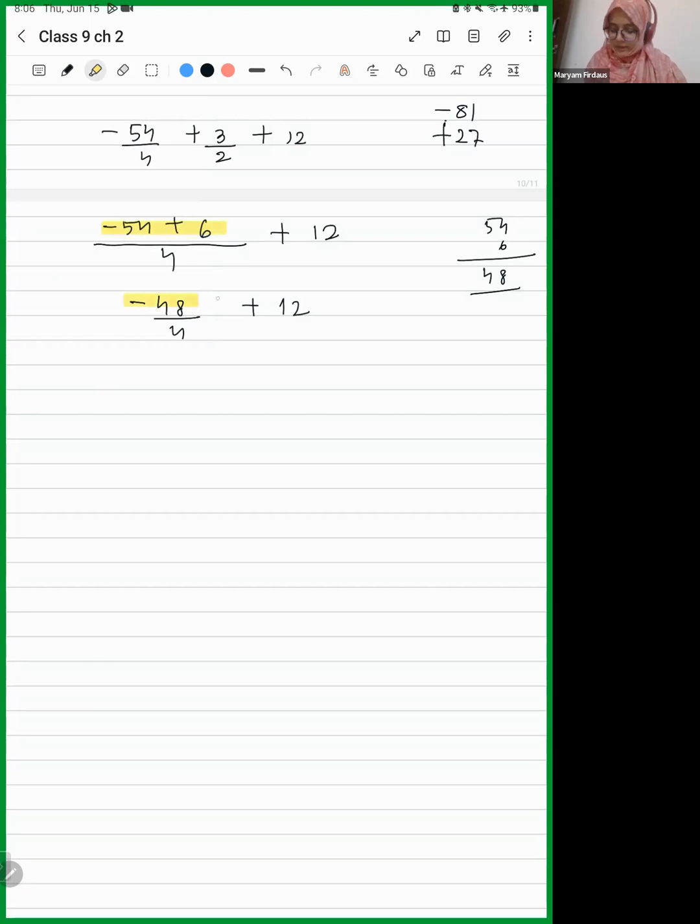Okay. Then what is minus 48 by 4? Minus 12. Yes, ma'am. So what do we get? Minus 12 plus 12, and that is 0.